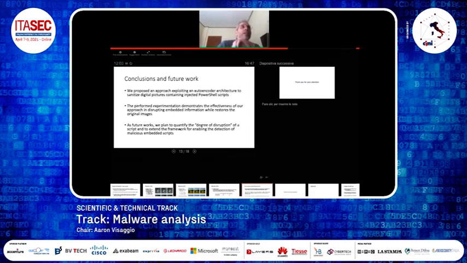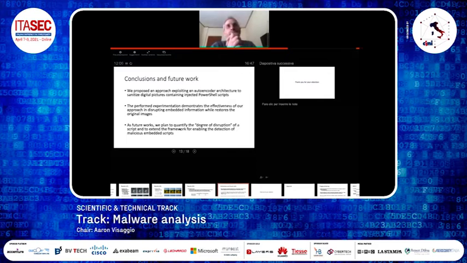Okay. In conclusion, we proposed an approach exploiting an autoencoder architecture to sanitize digital pictures containing injected PowerShell scripts. The performed experimentation demonstrates the effectiveness of our approach in disrupting embedded information while restoring the original images.